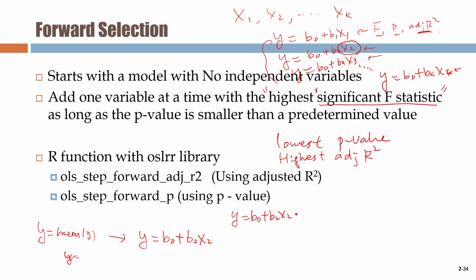Now you try plus b1 x1 and also b3 x3 and so on. Right? And then you choose the best again.